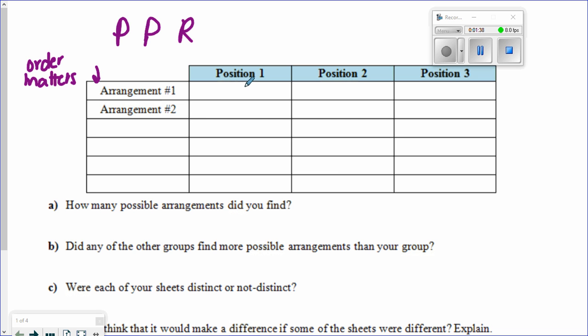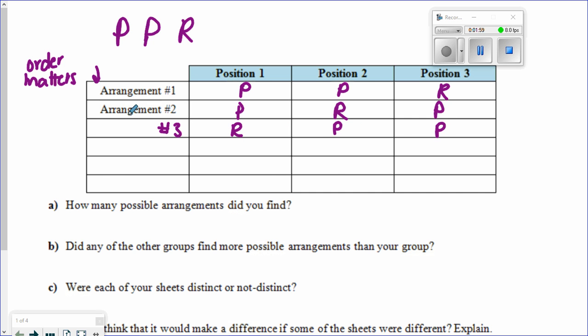So I could have a purple sheet first, a purple sheet second, and a red sheet third. I could have a purple sheet first, a red sheet second, and a purple sheet third. I could also have the red sheet at the beginning and then a purple sheet and a purple sheet.